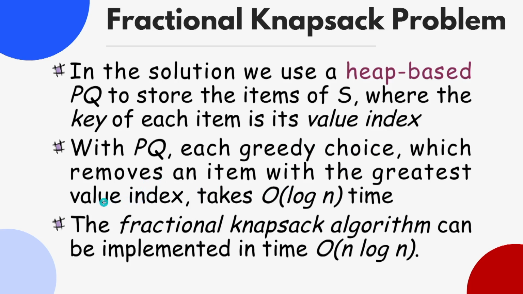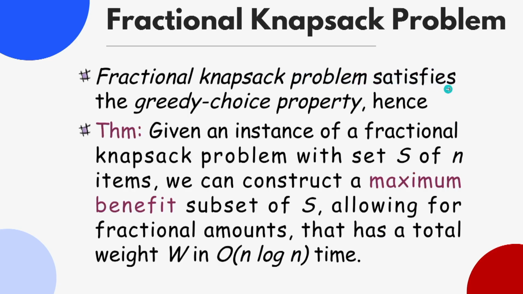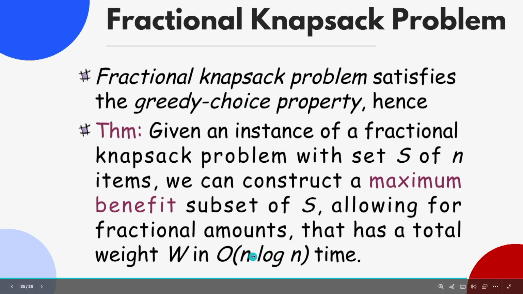The value index is what we computed by dividing the value of the item by its weight, and using this priority queue based implementation, we need a time complexity of order of log n per operation. So, in total, this fractional knapsack algorithm can be implemented in order of n log n. And this fractional knapsack problem always satisfies the greedy choice property which we learned before, and its time complexity is going to be order of n log n.